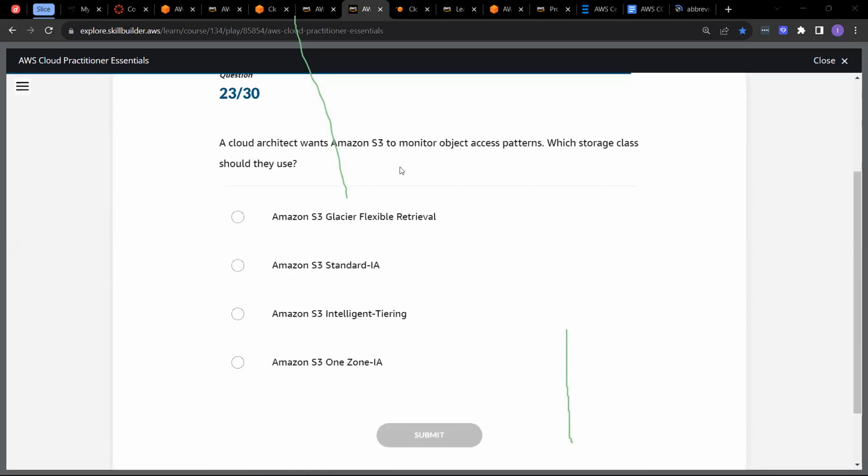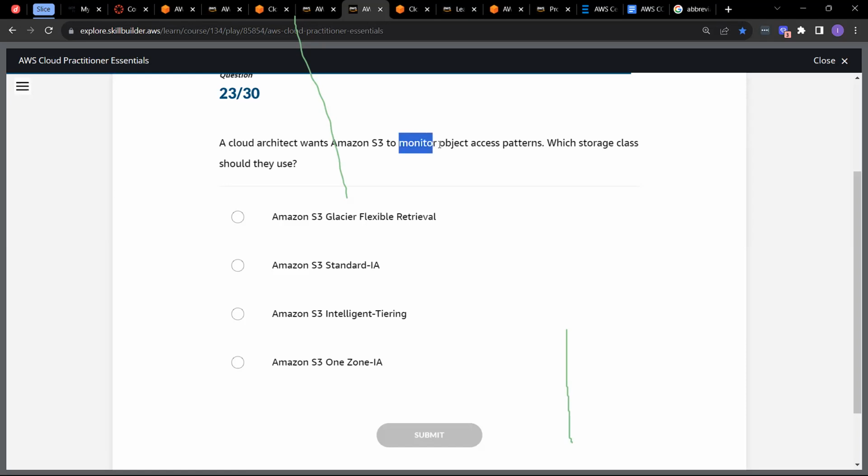Okay, so a cloud architect wants Amazon S3 to monitor object access patterns. Which storage class should they use? This one everybody forgets. Object access patterns. Standard IA, S3 Intelligent-Tiering. It's one of the intelligent access pattern ones.